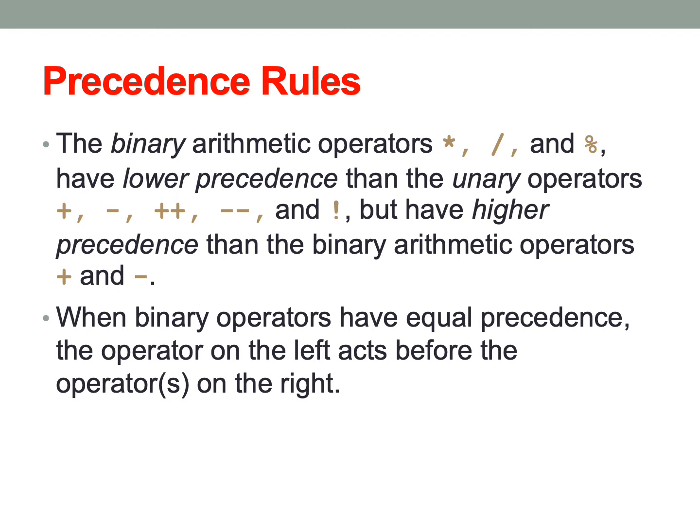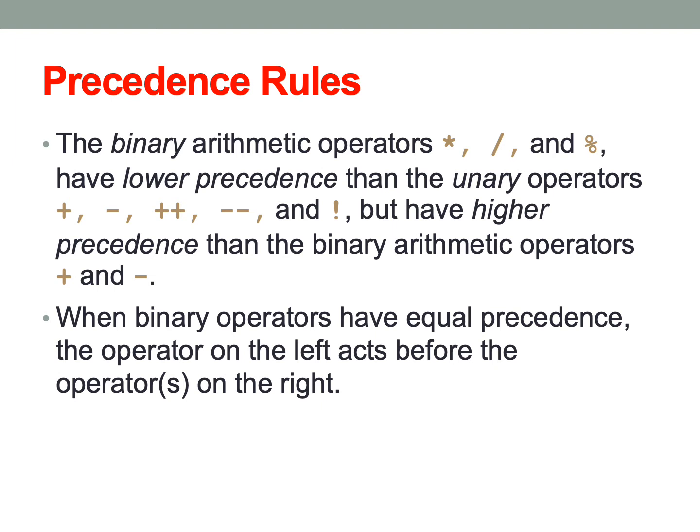Precedence rules. The binary arithmetic operators, multiplication, division, and modulus, have lower precedence than the unary operators, plus or minus, plus plus or minus minus, and the exclamation mark, which in Java means not. But they have higher precedence than the binary arithmetic operators such as addition and subtraction.